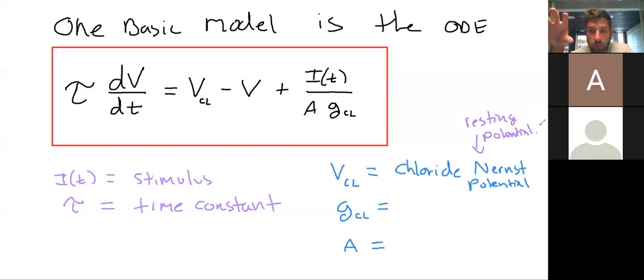Look at the equation, look at the differential. If the voltage isn't changing, that means dV/dt is 0. When the left-hand side is 0, that means there's no current either because we're not stimulating it. The only thing that survives is the equation 0 equals V sub CL minus V. So that means that that's the resting potential. Think about that. Ponder it.